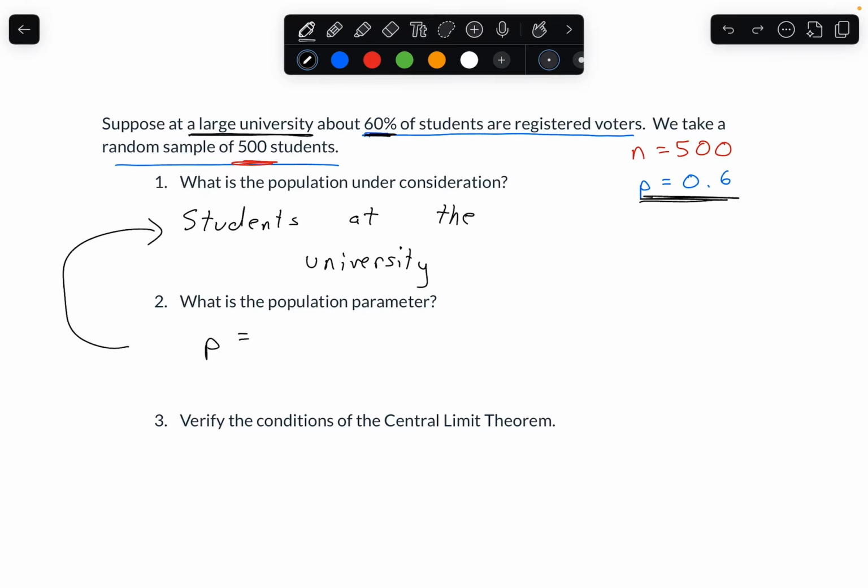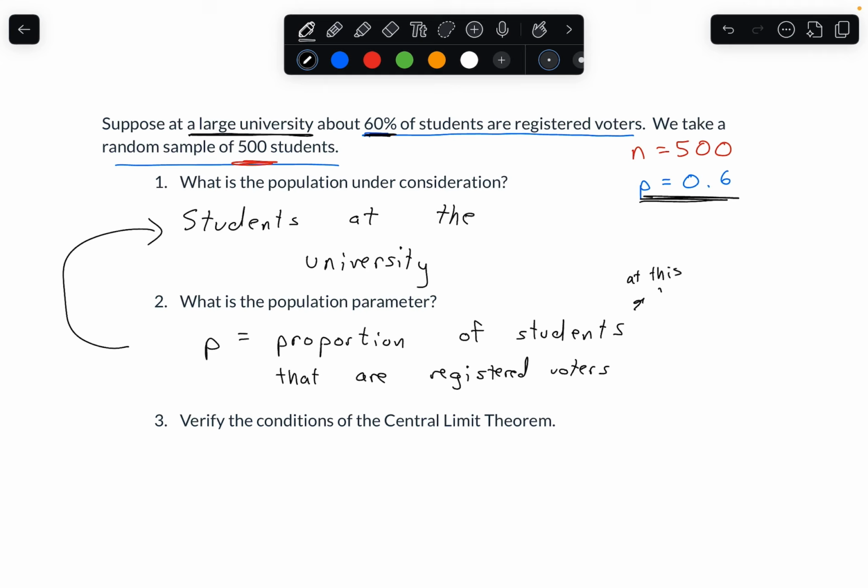In this case, this is going to be the proportion of students that are registered voters. And I guess I should be a little bit more specific here. Proportion of students at this university, because the population proportion has to come from, well, the population that we just talked about, students at the university.